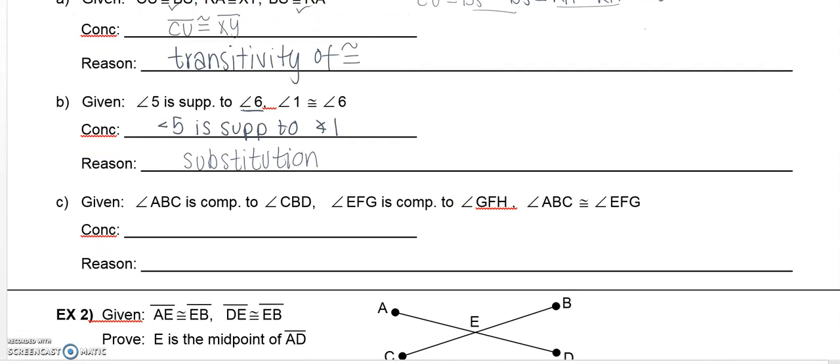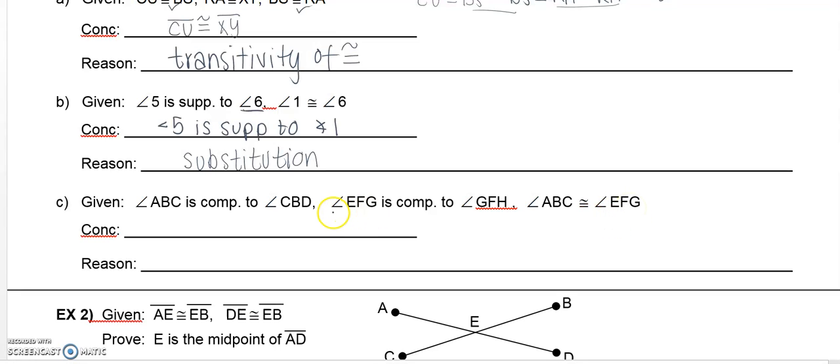For this next example, I'm given that angle ABC is complementary to angle CBD, and angle EFG is complementary to angle GFH. None of these angles are repeating, but we also have that angle ABC is congruent to angle EFG.